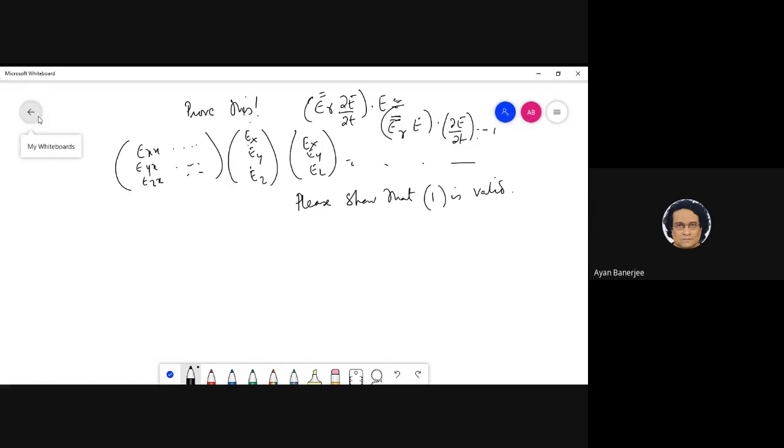You can do the hard way by multiplying all these three that I showed, but if there is a simpler way I will be very happy to know. I will incorporate that in my notes.